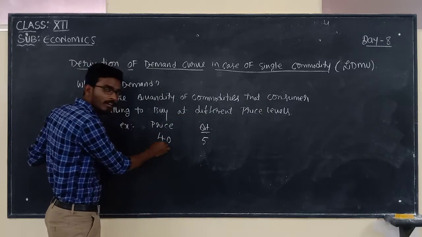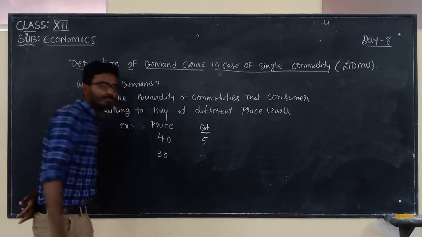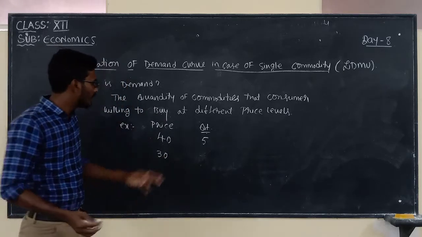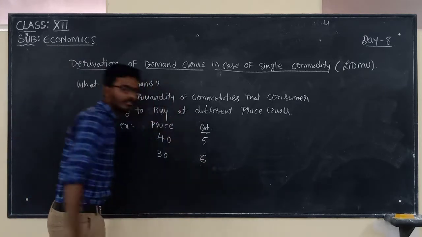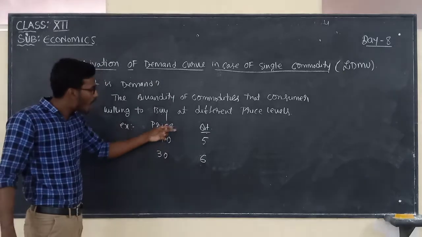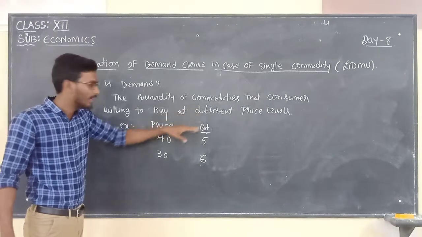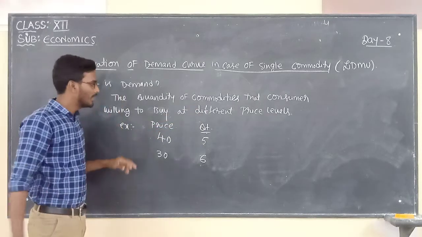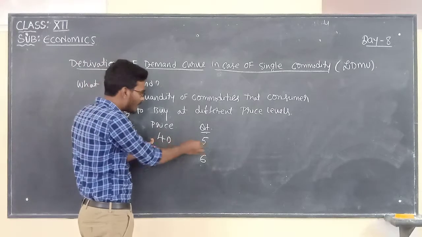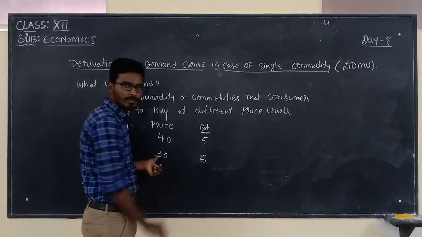What is the price here? 40. In case the price is decreased to 30, the quantity will be 6. So at a price of 40, the demand is 5. At a price of 30, the demand will be 6.